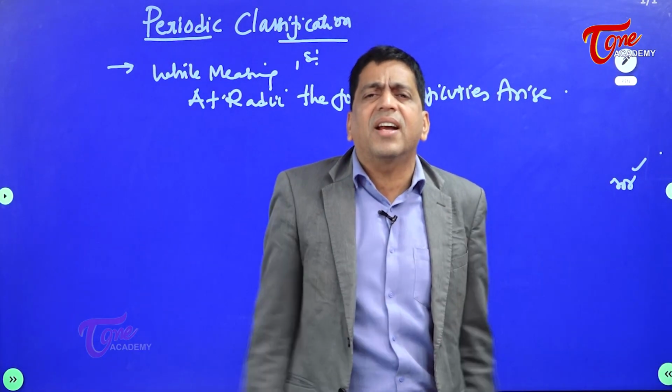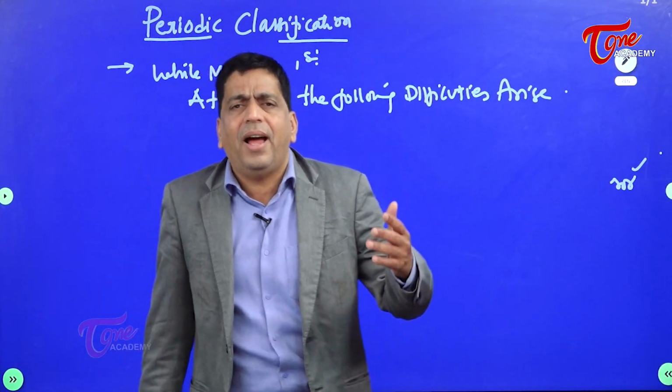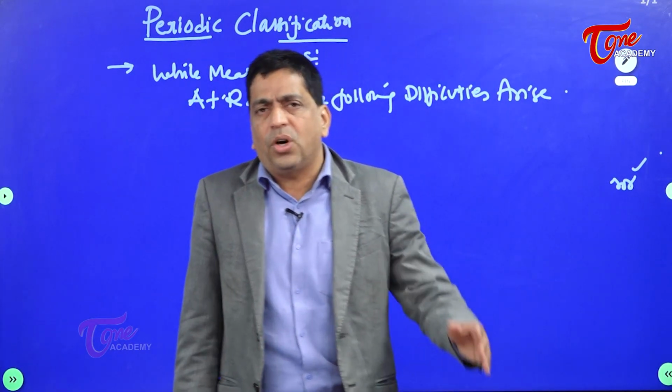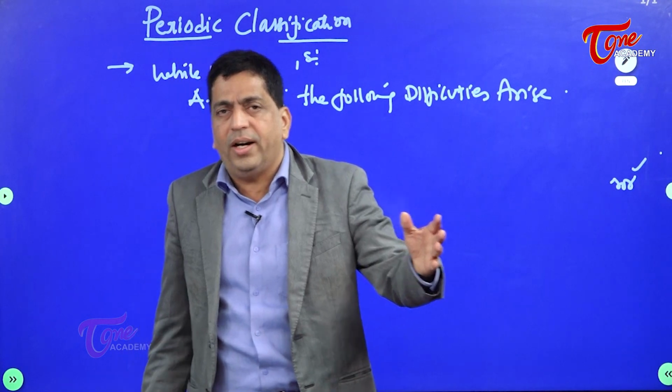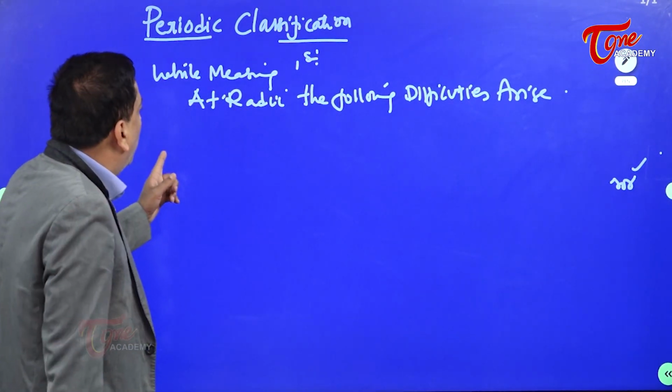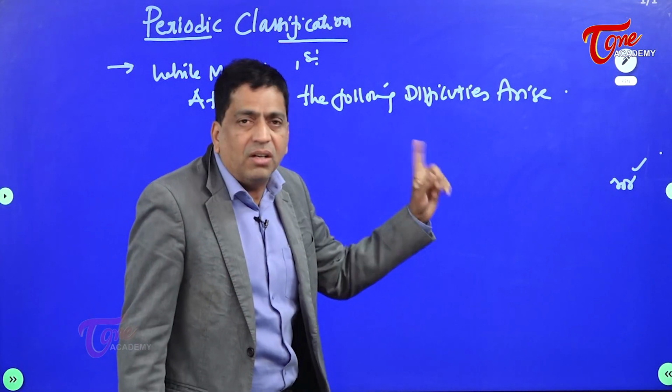Of course they will arise. Who will take an atom in their hand? Ridiculous. It's not visible. And if at all you take it also, you are supposed to cut it with a knife. Not possible. So you are encountering the following difficulties.